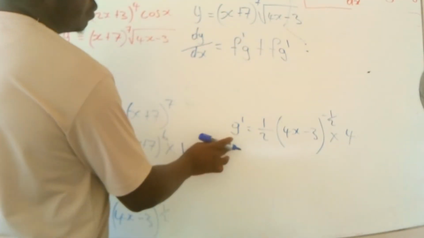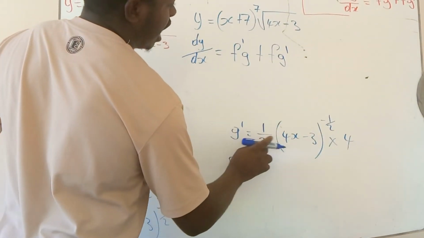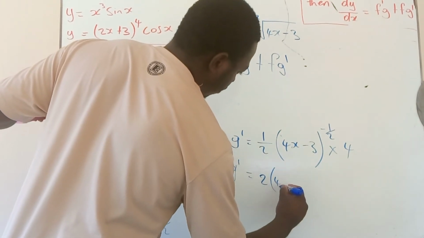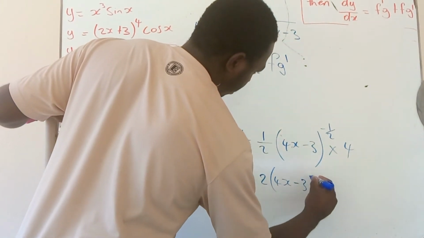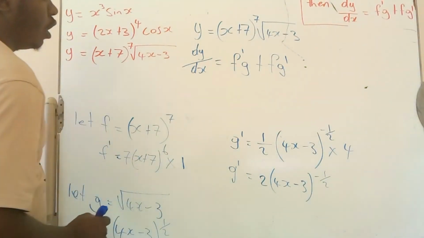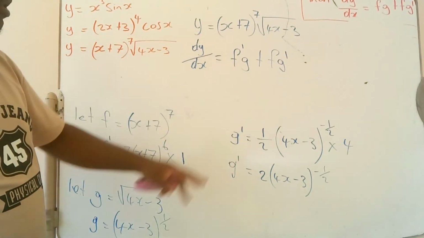Right? We could simplify this to give us g prime is equal to half times 4 is just 2, so this is just 2(4x - 3) all raised to the negative 1 over 2. All we need to do is to substitute all of this value into the formula and we're finished.